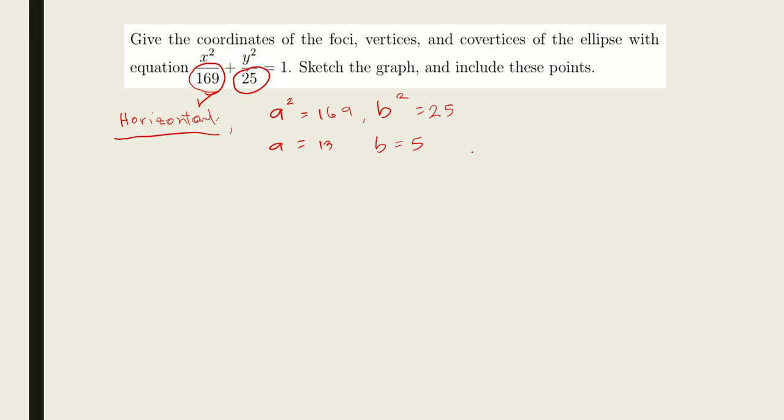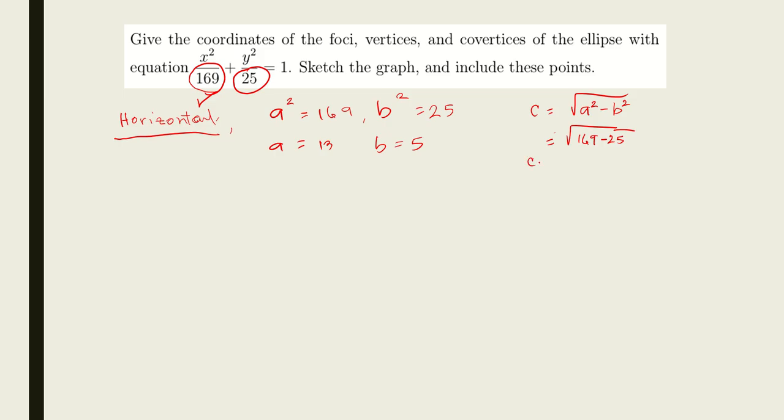So we need to solve for c. Based on the concept that we have, solving c is simply the square root of a squared minus b squared, because the value of a is always greater than b. Therefore, c is equal to the square root of 169, which is 13 squared, minus 25.